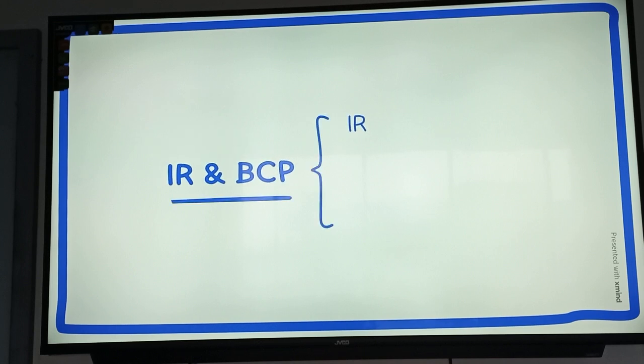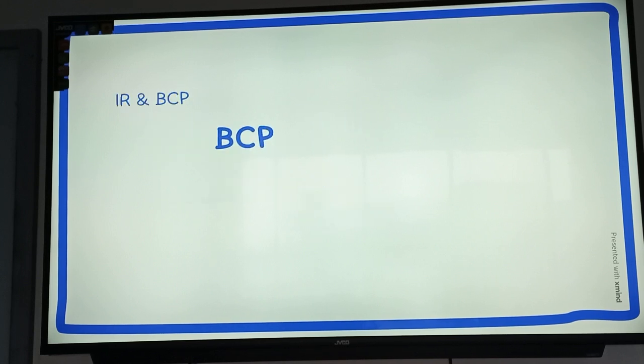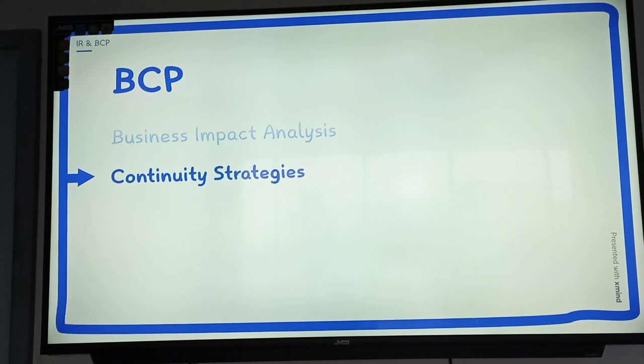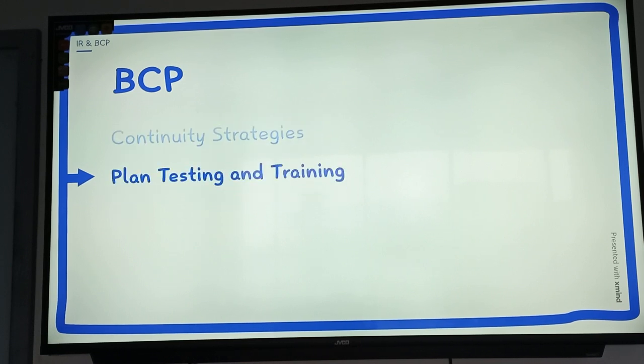And how should we plan the BCP, business continuity planning? The first one should be analyzing the business impact, analyzing the risk impact on the business, then continuity strategies with plan, testing and training, and maintenance finally.